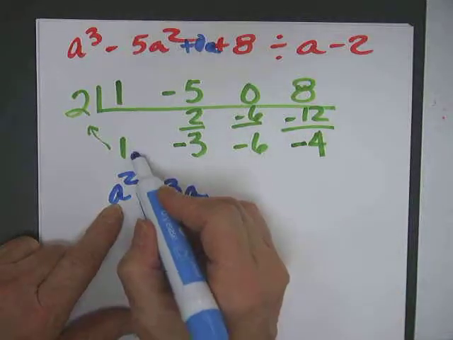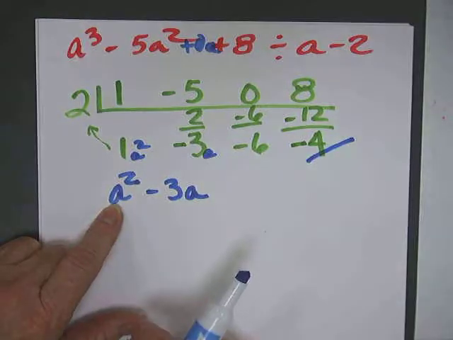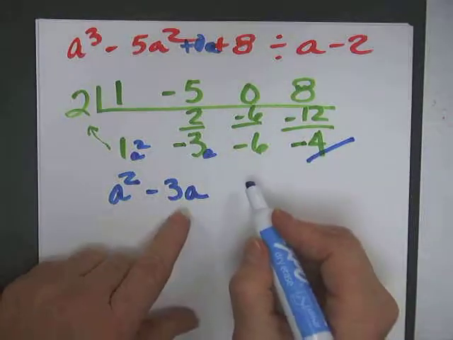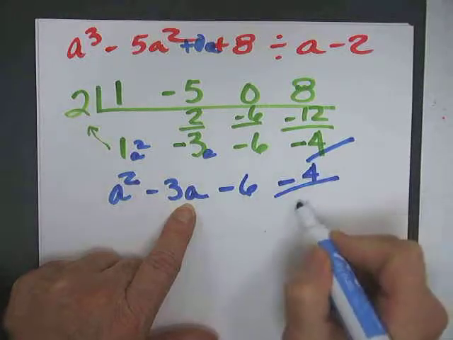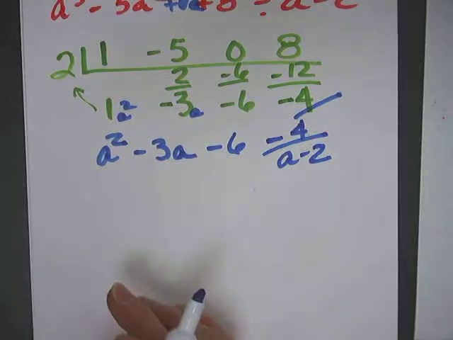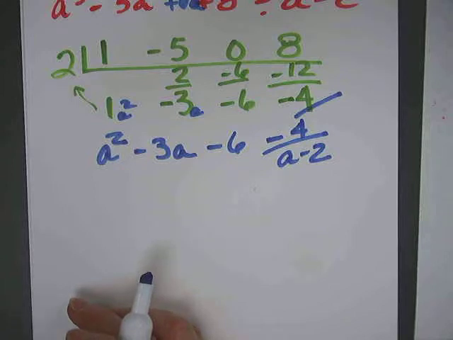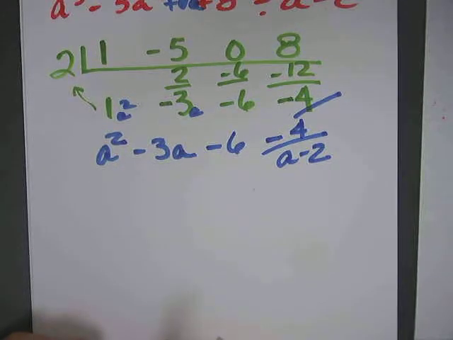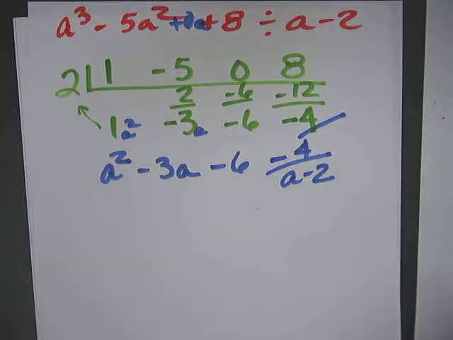Okay, setting it up. Let's put the opposite of this on the outside. Right? Put our coefficients 1, negative 5, 0, and 8. Okay, it said to bring this down. Multiply, put it over here. 1 times 2 is 2. What does that make this?